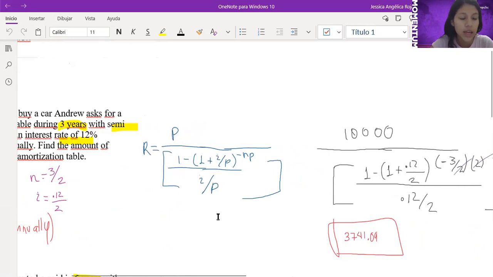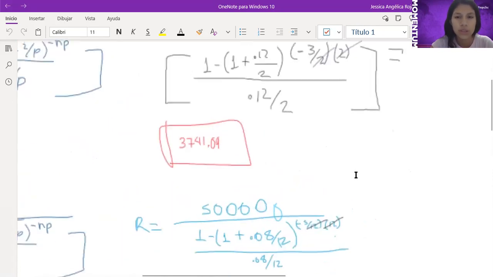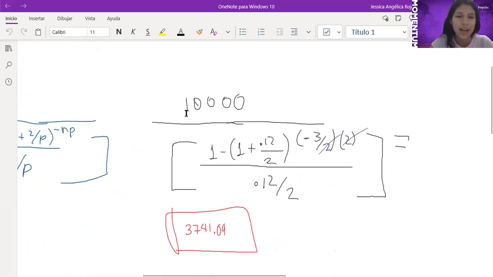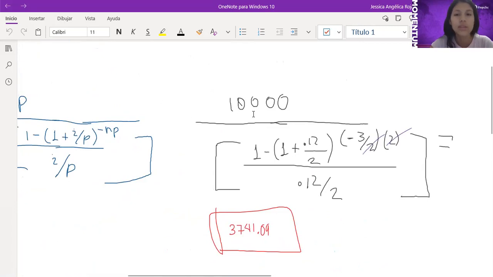Now, this is the formula that I follow, and I substitute the data. 10,000 divided by 1 minus open parentheses 1 plus 0.12 divided by 2 close parentheses to the power of minus 3.